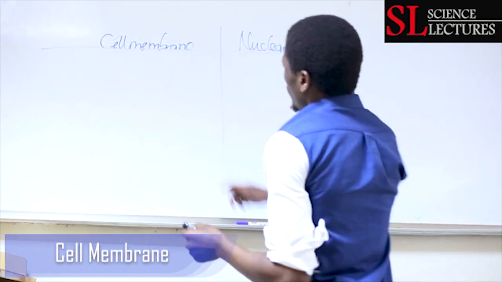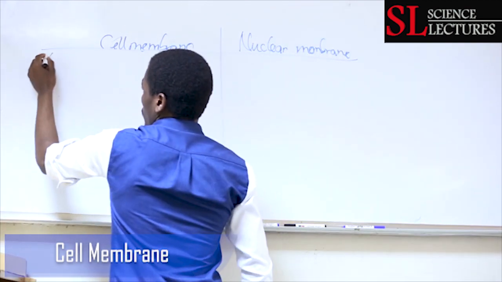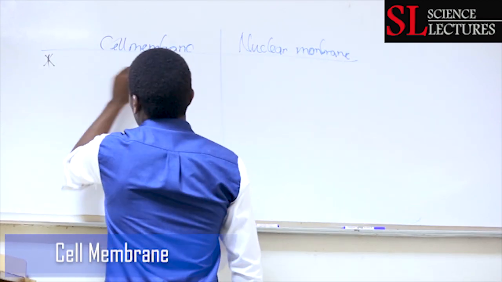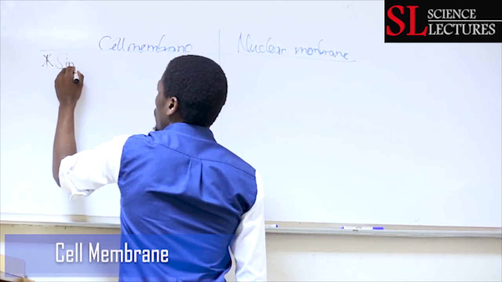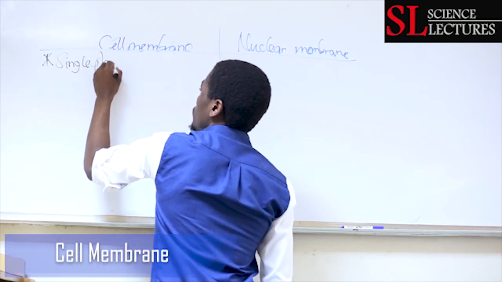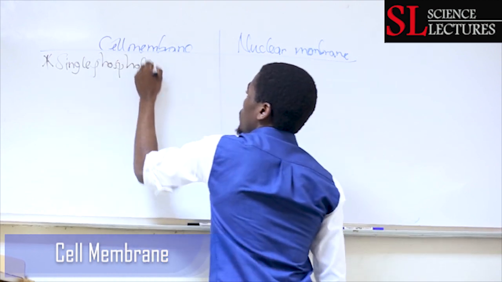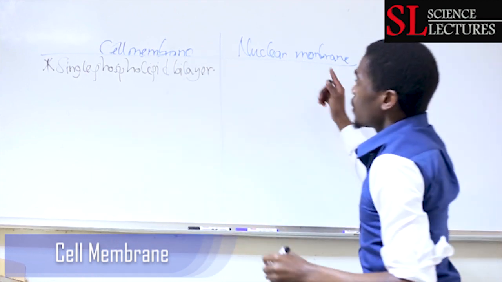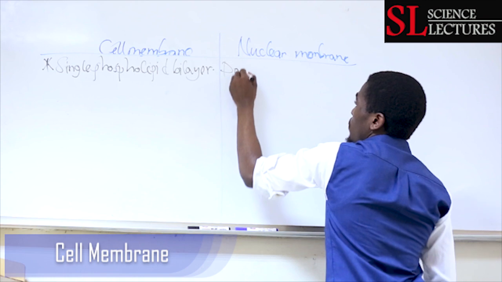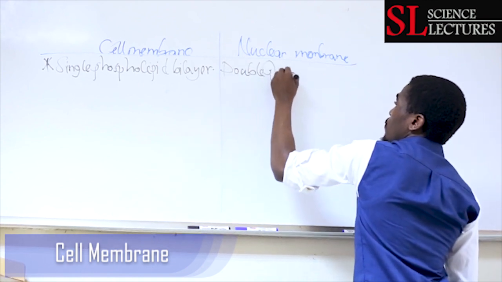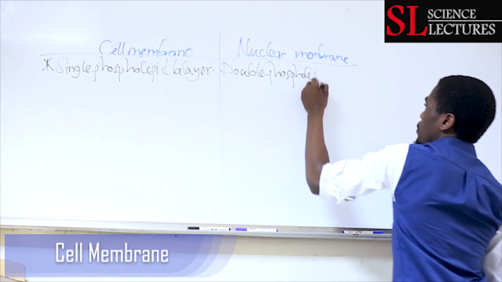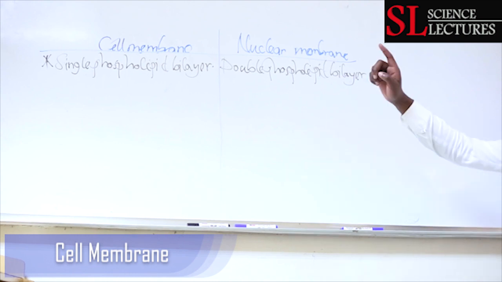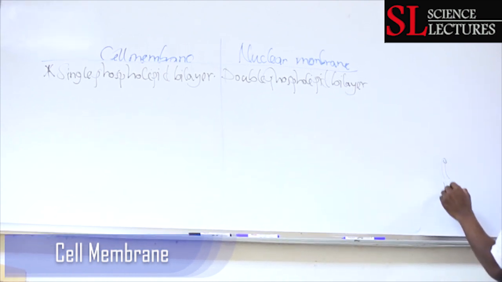If we have a look at our cell membrane, the cell membrane is a phospholipid bilayer, but it's a single phospholipid bilayer. But the nuclear membrane is a double phospholipid bilayer.